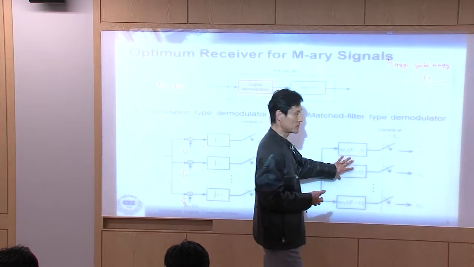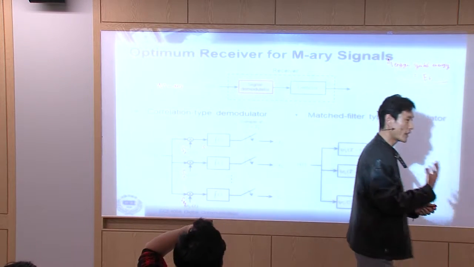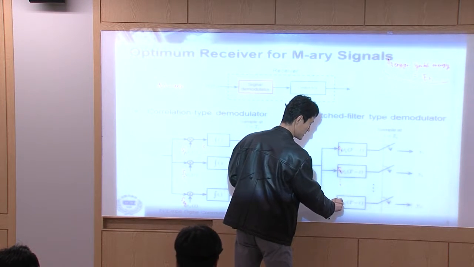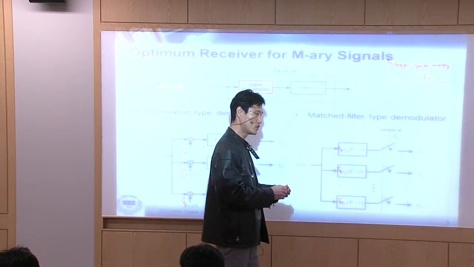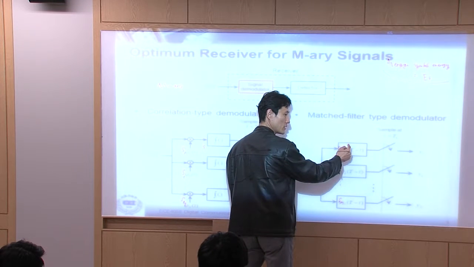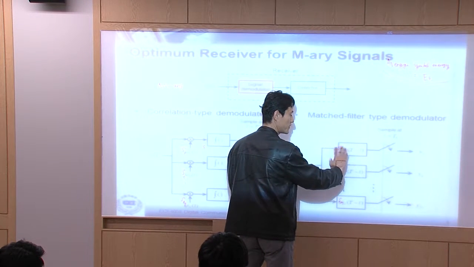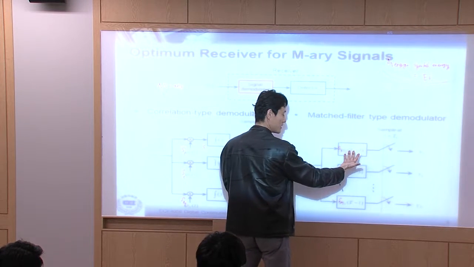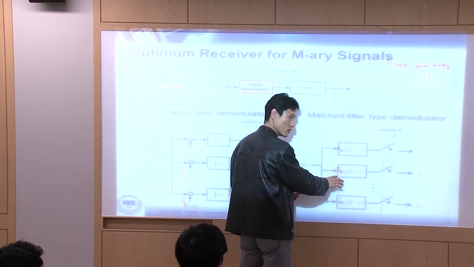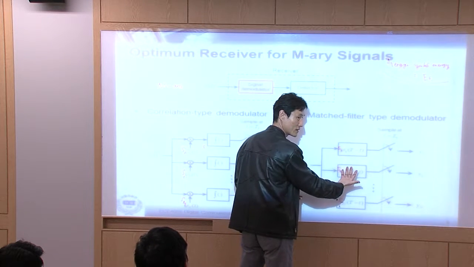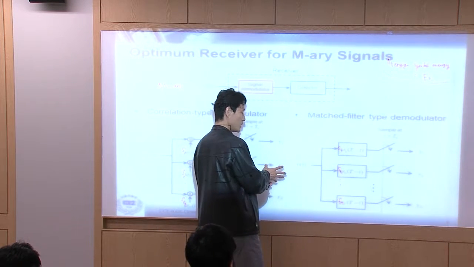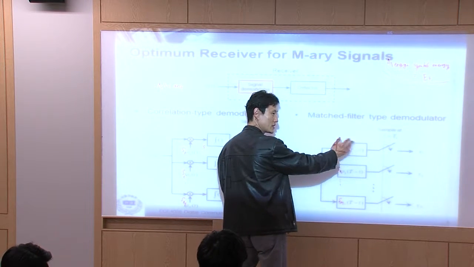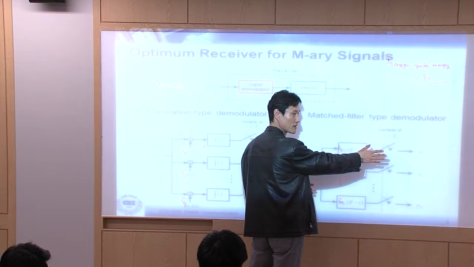Same thing for the matched filter. We already know the perfect signals, maybe S1, S2, SM. Now for each matched filter, you're going to flip S1, right, and wait. Same thing for S2, you already know S2, flip it and wait. Once you get the R, you put this R into the filter, and you just do correlation.